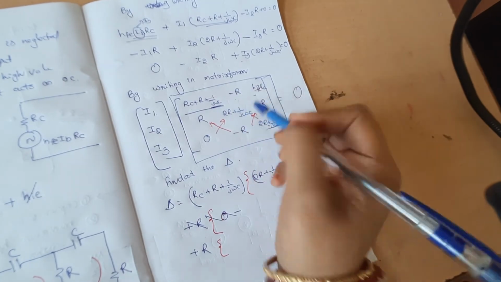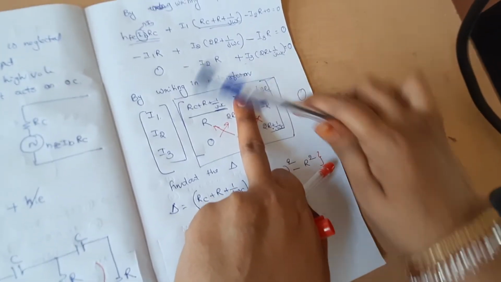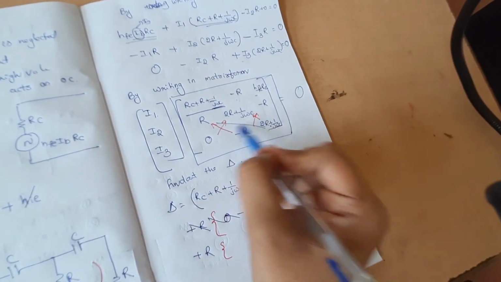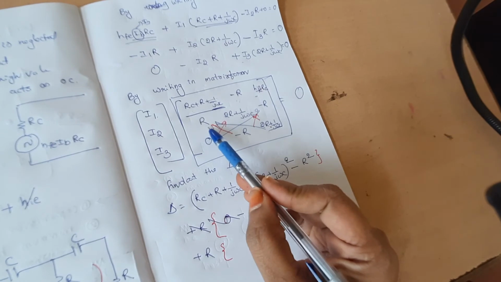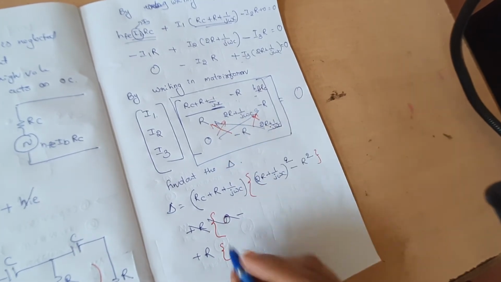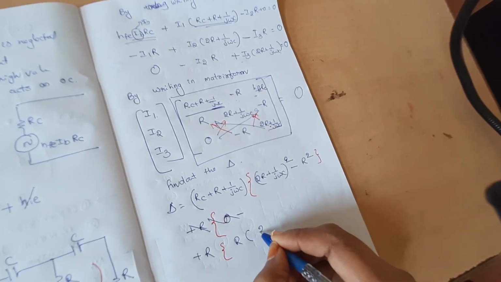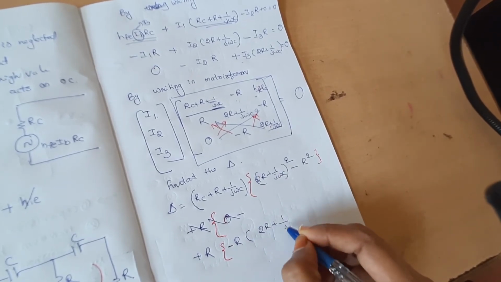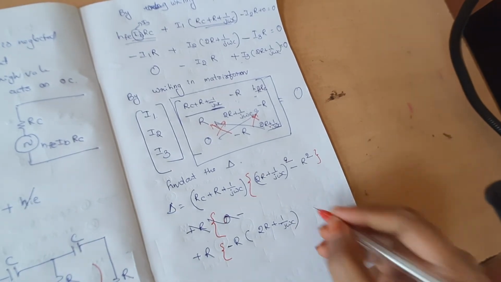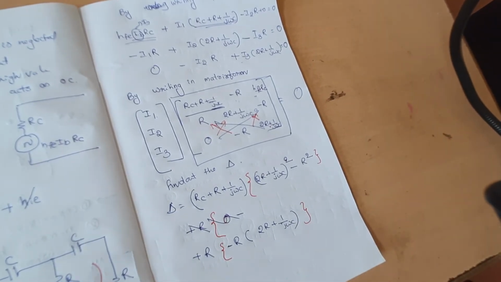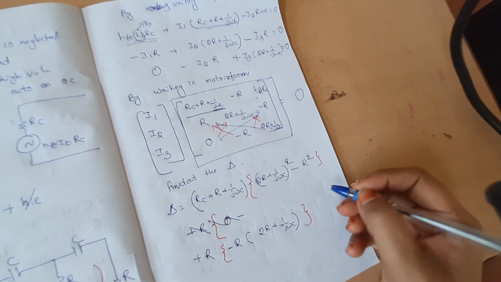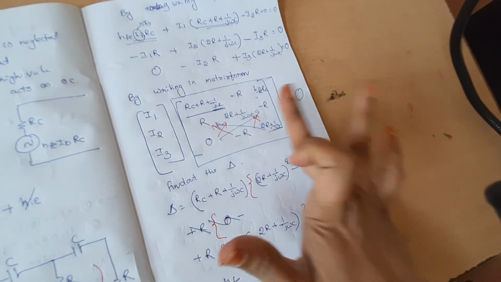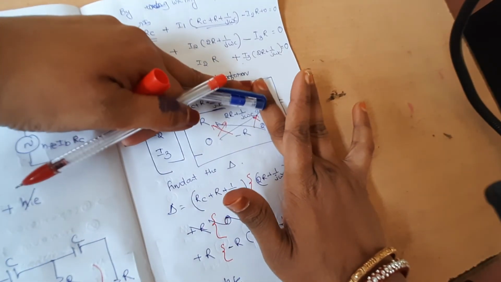We need to close this. If we close this, these two multiplied. So here 0 into R is 0. So here R multiplied with, so that is minus R multiplied with 2R plus 1 by j omega C. And again plus, so now close these two.